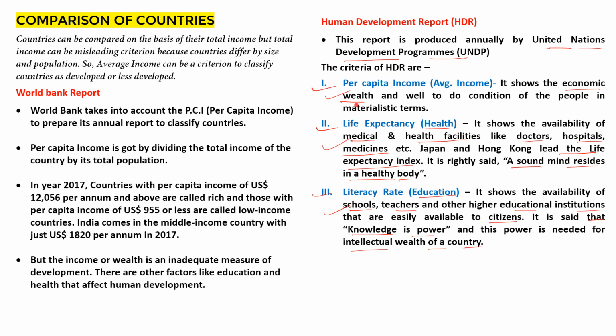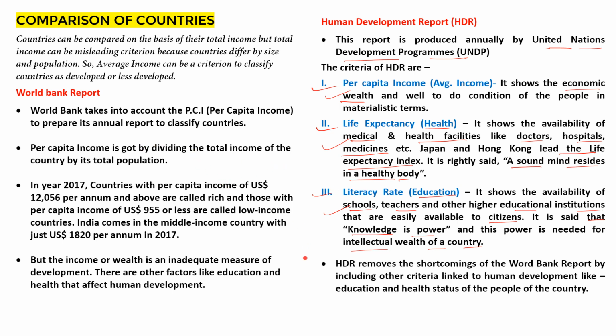So the Human Development Report takes into consideration these three parameters, or criteria, to develop a report which is more comprehensive compared to the World Bank report. HDR removes the shortcomings of the World Bank report, which is prepared on the basis of only one criterion, that is income.